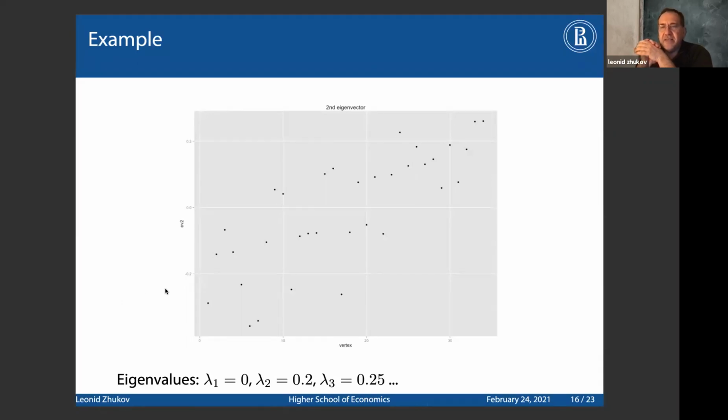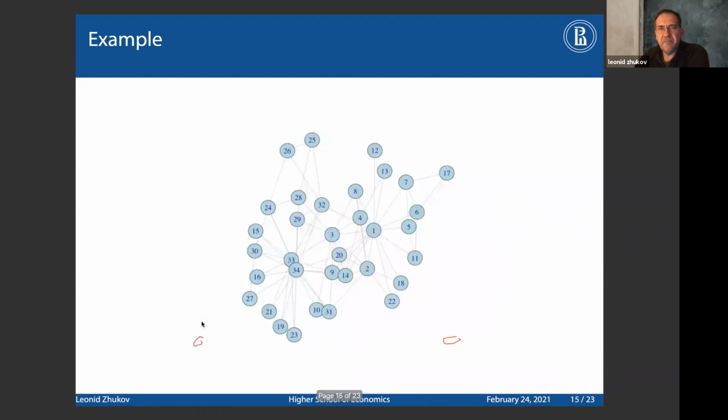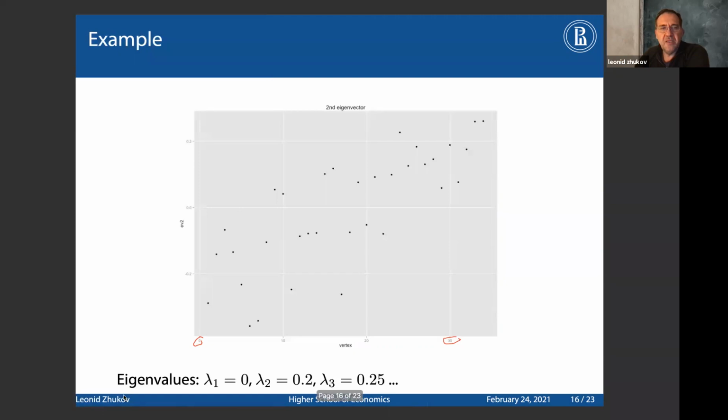On the x-axis, it's just the node number, right? The first node, the 30th node, 31st, 32nd, 33rd, 34th. There are 34 nodes here. So these are those nodes.